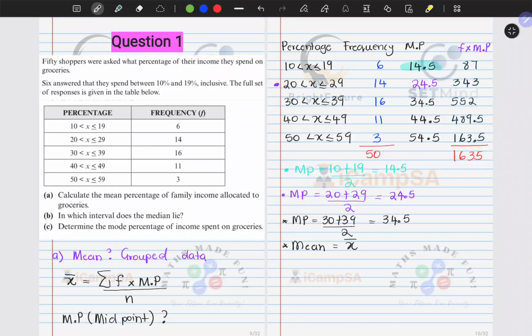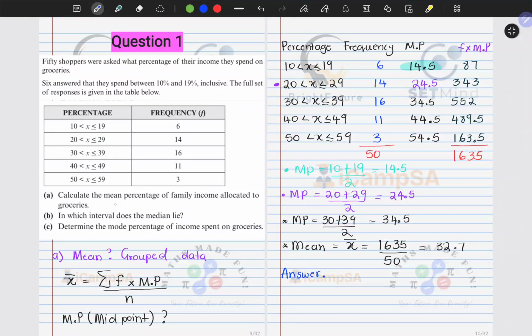Okay, so this means now I can find our mean. And our mean, which is denoted by that, it will simply be 1635 divided by 50. And the answer we end up getting is about 32.7. So what does this mean if we now go back to answering the question?